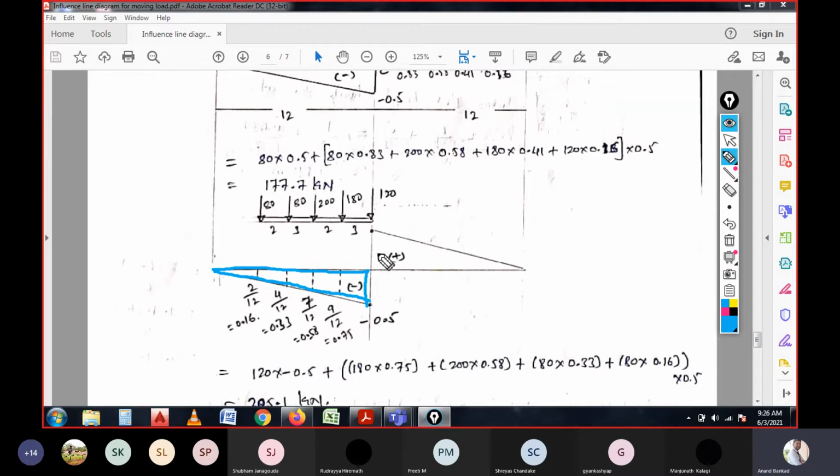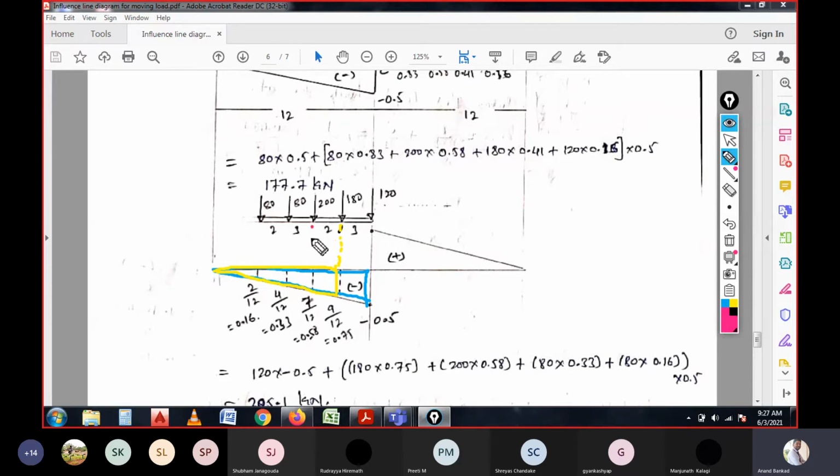And again at each section, we need to consider the coefficient values like this. So this triangle that is made, that is why I am showing the colored distances. The color means the distance measured from the point to the support, or from the point to the end of the section.